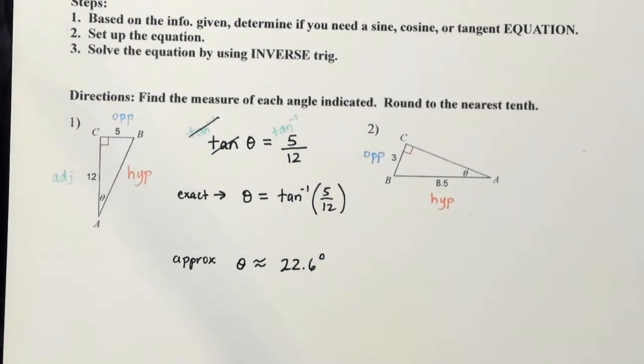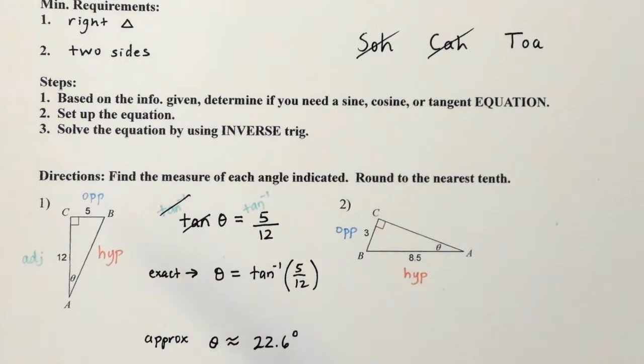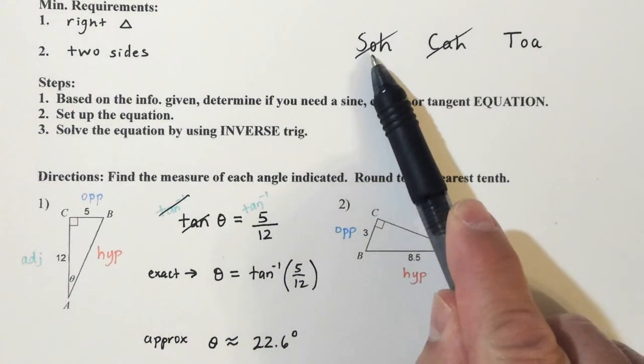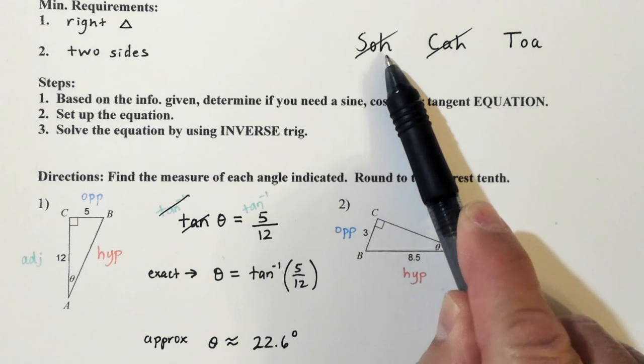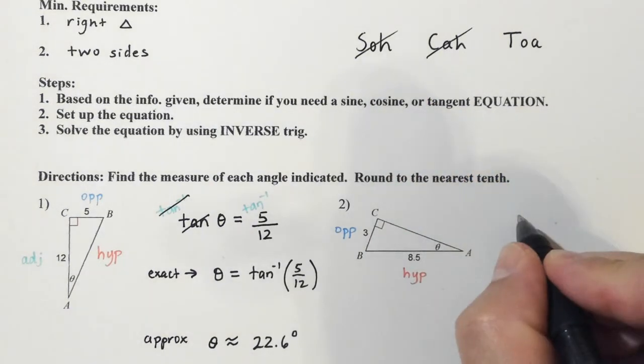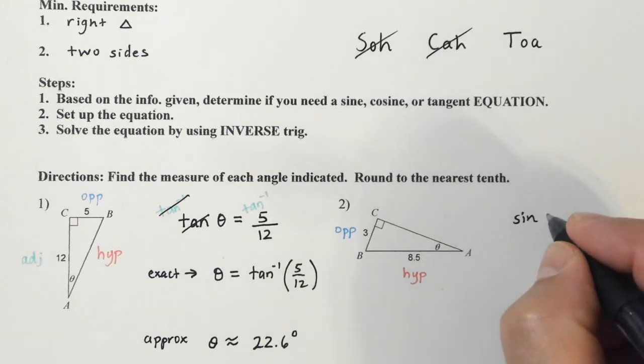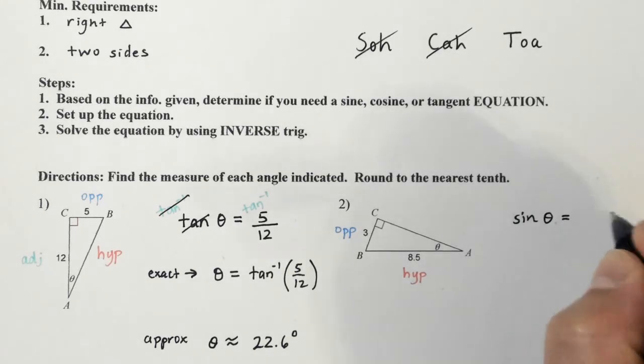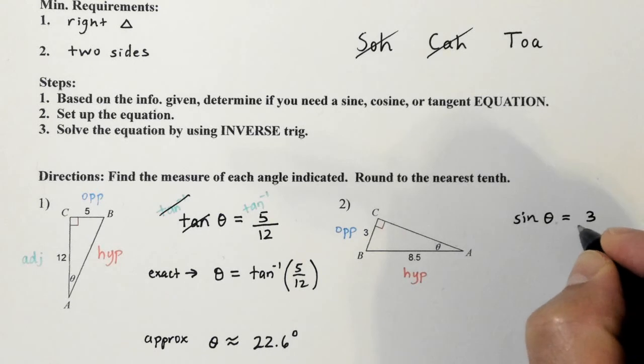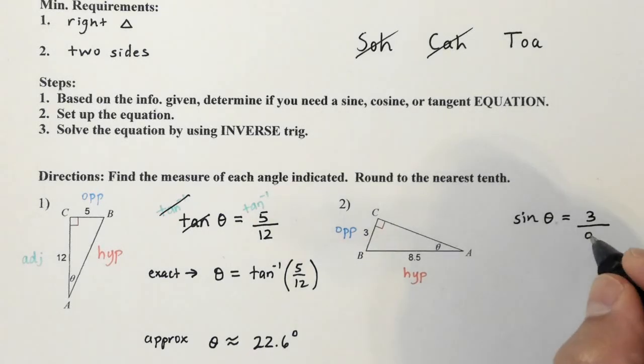Which trig ratio has opposite and hypotenuse in it? Opposite, hypotenuse. So it's a sine. Sine of theta equals opposite over hypotenuse.